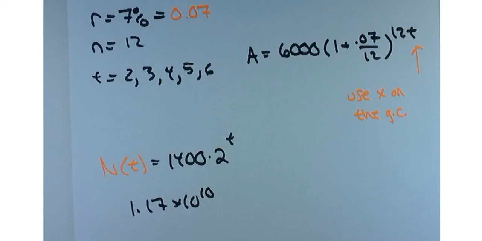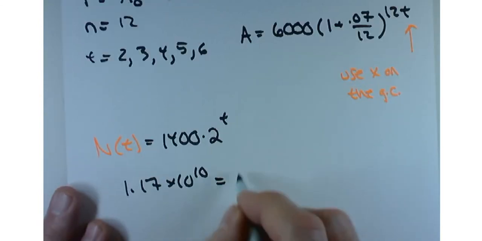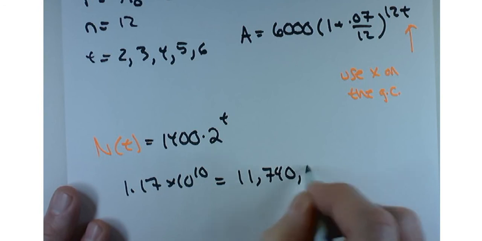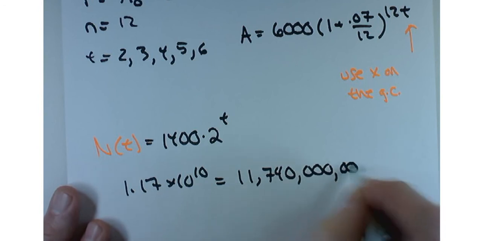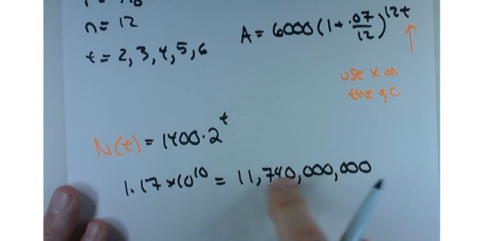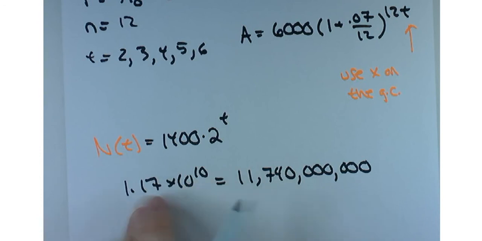That got pretty big pretty quick. 1, 1, 7, 4, 0, 0, 0, 0, 0, 0, 0. 1, 2, 3, 4, 5, 6, 7, 8, 9, 10. 10 decimal places. So that's where I got this from. There's actually a 4 here. Wow. Pretty big. Exponential growth is really, really fast.